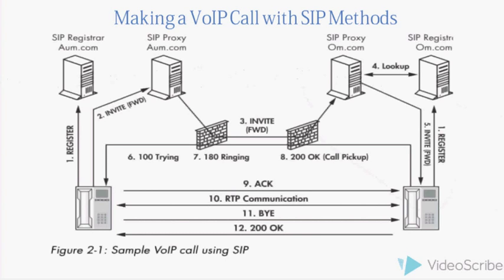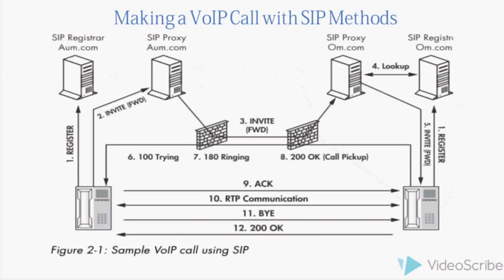So, step 1, registration. First, SIP user agent Sonia registers with the registrar in its domain om.com, and SIP user agent Kazum registers with the registrar in its domain om.com. If authentication has been enabled, it occurs during the register or invite steps.